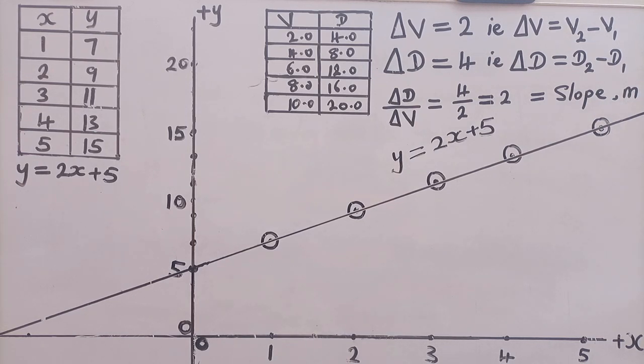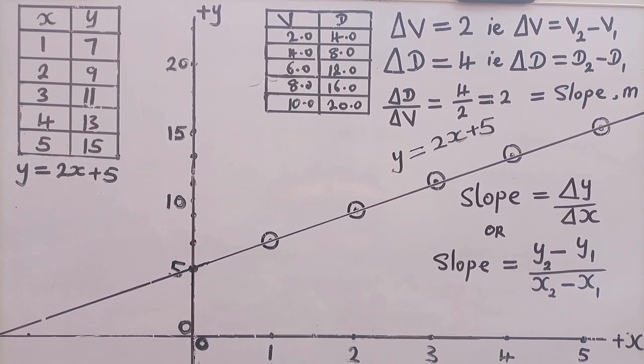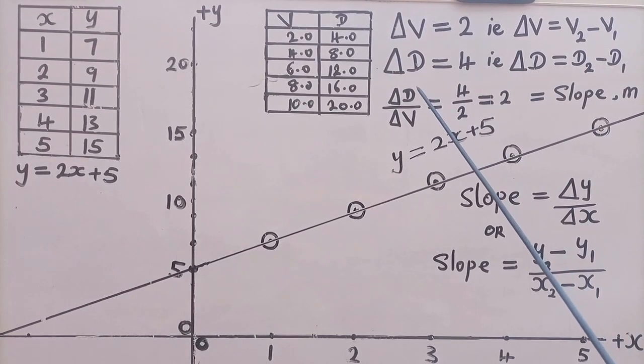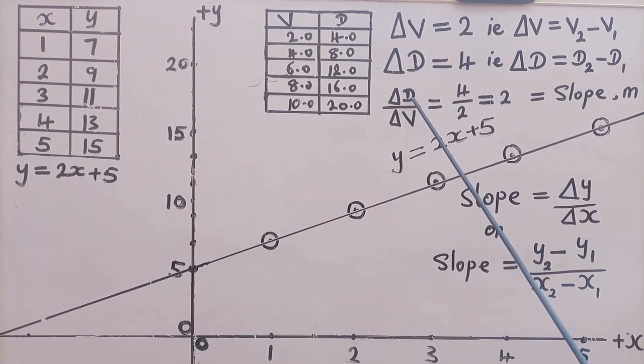Therefore, from here, let us give the definition of slope mathematically from the foregoing concept. Now you see that slope is defined as change in y over change in x. We just said that slope is equal to change in D over change in V. How come we're not saying that change in y over change in x is equal to slope? Recall that this D is a dependent variable.